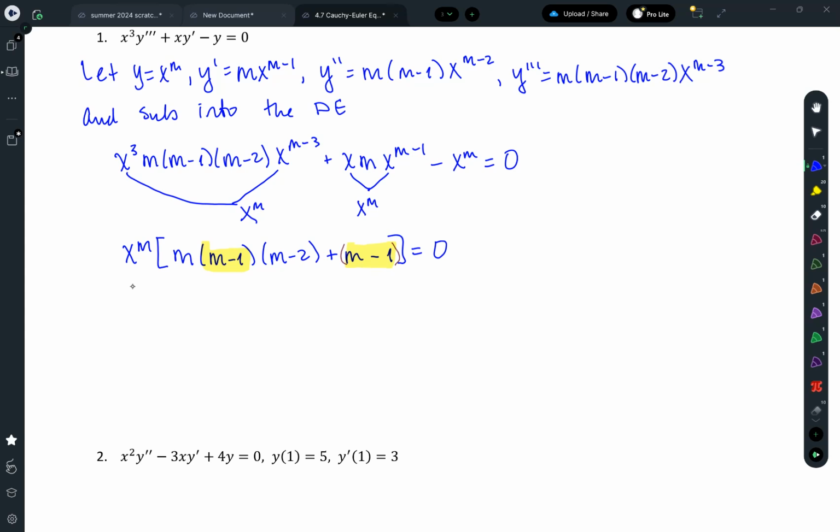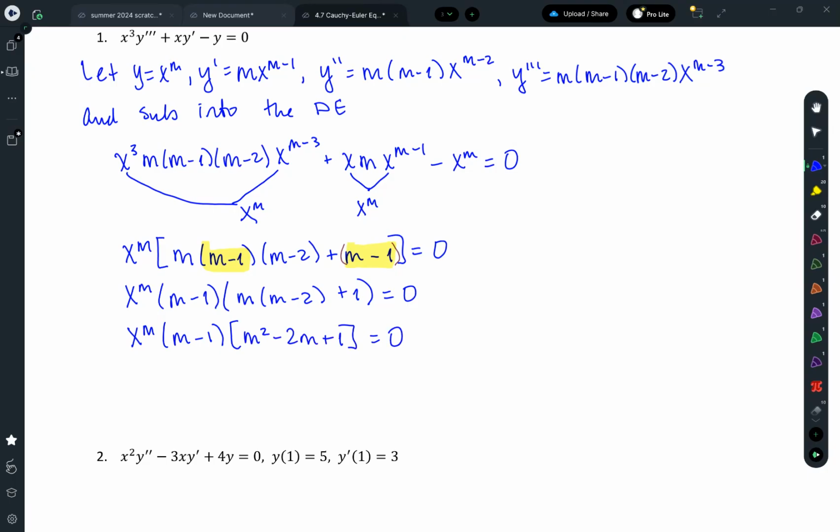So let's do that. We have x to the m times m minus 1. After I factor out the m minus 1, I leave behind an m times m minus 2 plus 1, and that's all equal to 0. Now, the m is going to distribute to the m minus 2, and what I finally have is x to the m times m minus 1 times m squared minus 2m plus 1.